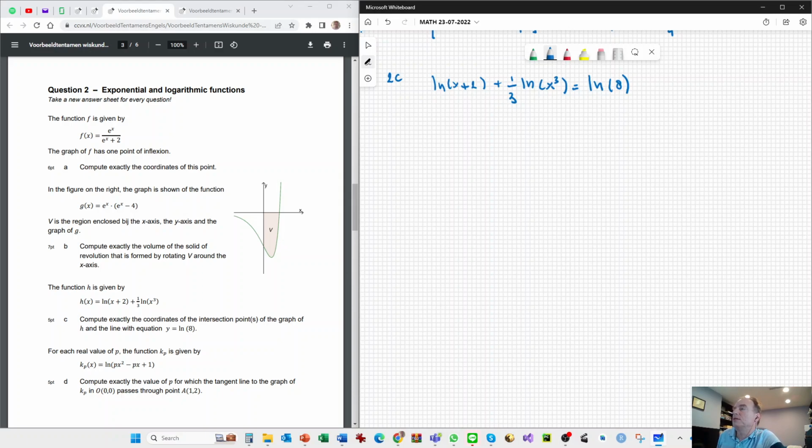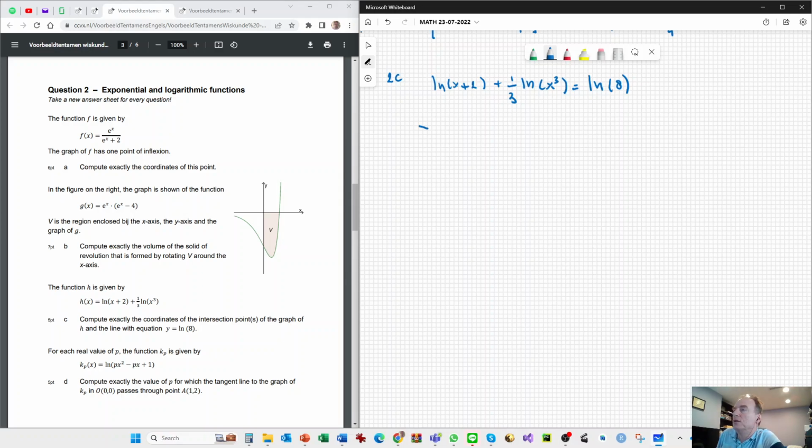Okay, so let's combine these. Let's use some of the properties of logarithms that we know. First, get rid of this factor and bring this in, and then we can add these logarithms.